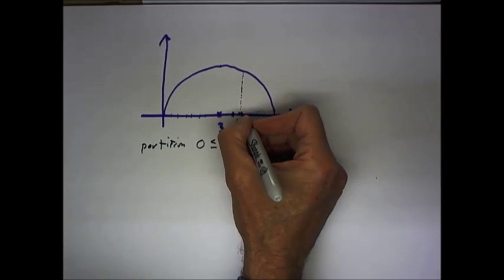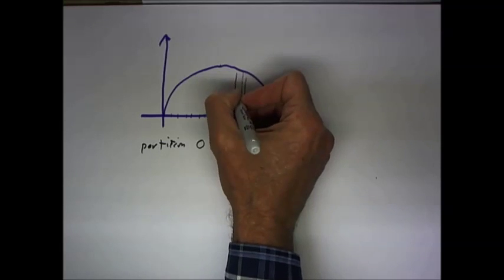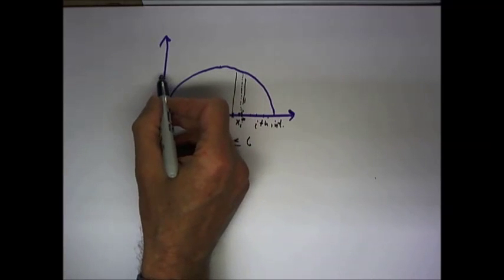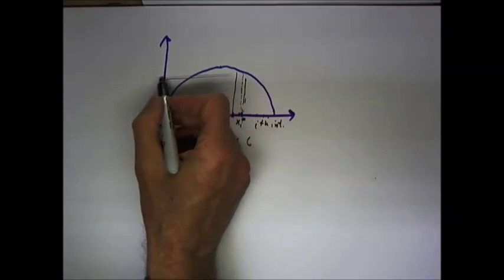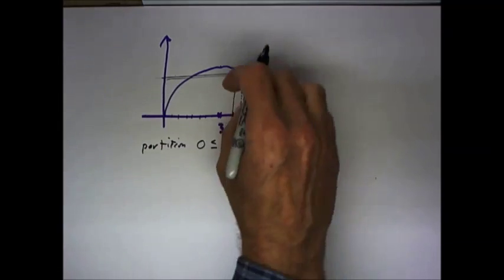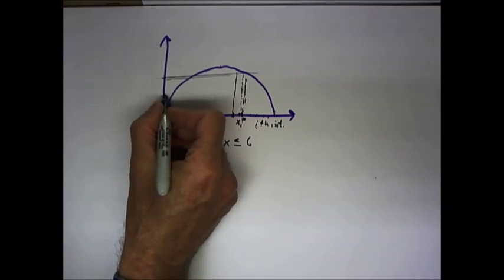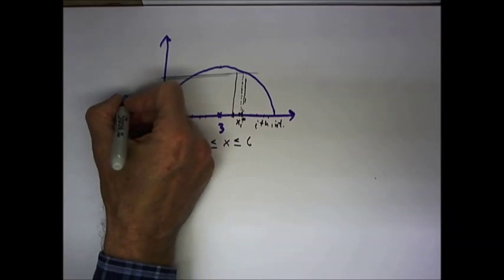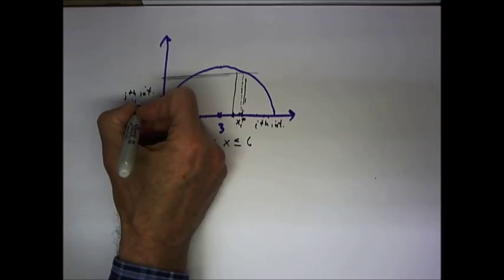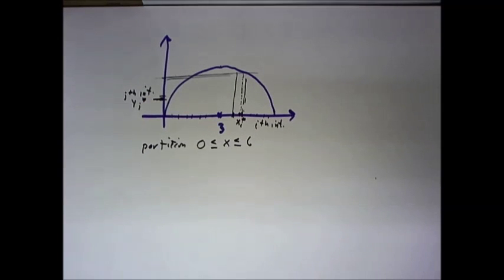Then the part of the region that corresponds to the ith interval is going to be this, the ith x interval, and we're going to have to partition that interval with respect to y. Now that interval will go from 0 to whatever the y value is here, and we'll have a typical jth interval with sample point yj star somewhere within the interval.